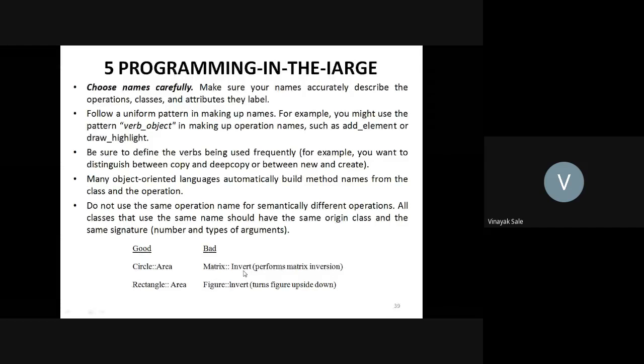So this is bad because it performs a matrix inversion operation. Similarly, class rectangle and we should define area. This is good, but figure and invert, that is turning the figure upside down. So this is the bad class.